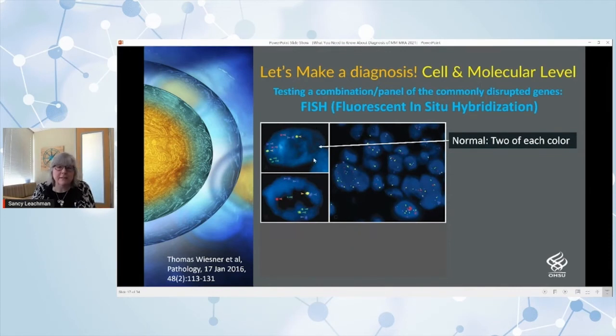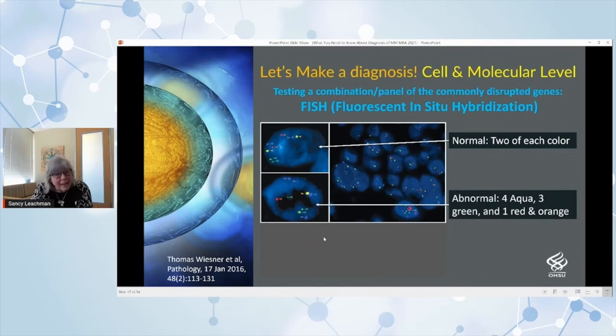This is a normal nucleus, and as you would expect, every cell nucleus is supposed to have 2 copies of every gene, one from your mom and one from your dad. And so these are the genes that I just told you about that are important for regulating melanoma. And in a normal cell, you have 2 yellows, 2 reds, 2 blues, and 2 greens, and it looks perfect and there's no problem.